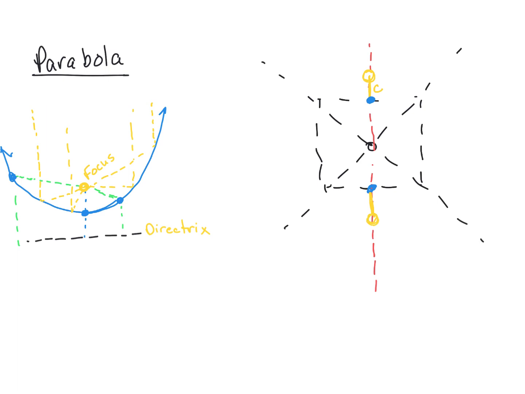Okay, and let me draw my hyperbolas here. That does not look symmetric, but use your imagination. All right, so again, you have focus points. This distance is c, just like the other one is.